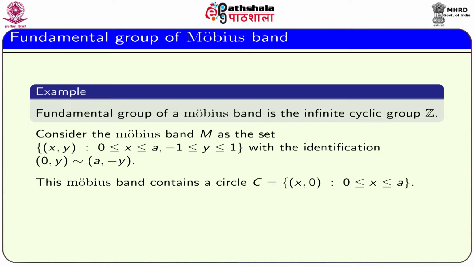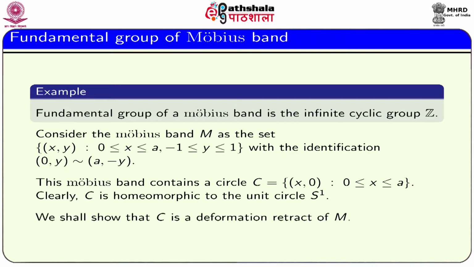This Möbius band contains a circle C as the collection of all points x, 0 such that x lies between 0 and a. Clearly, C is homeomorphic to the unit circle S1.